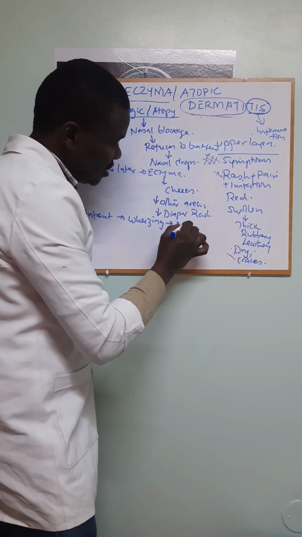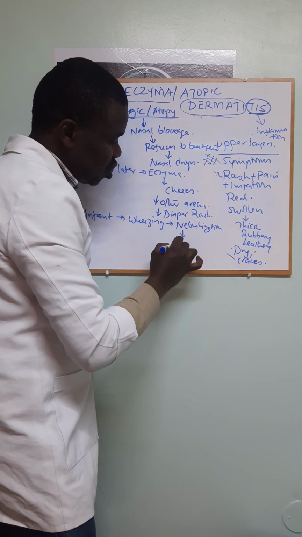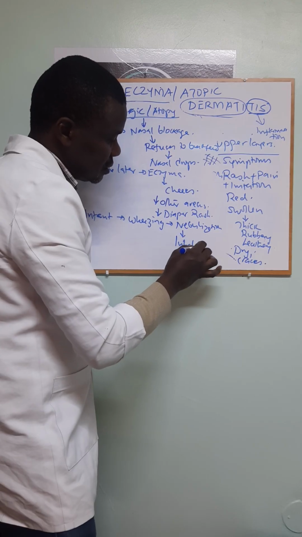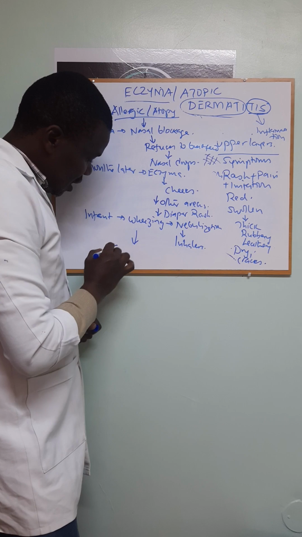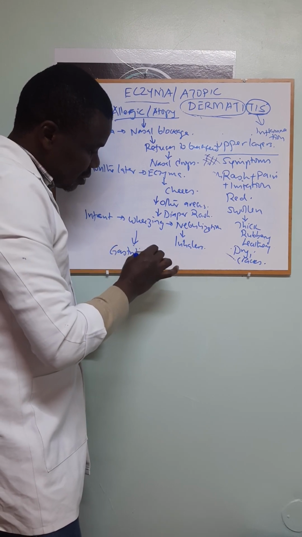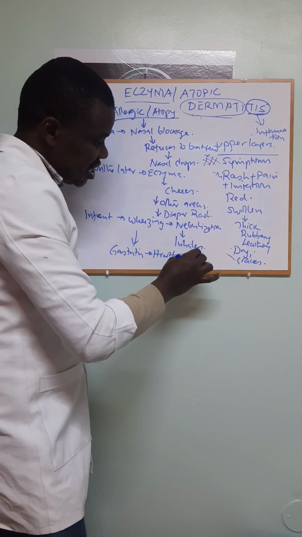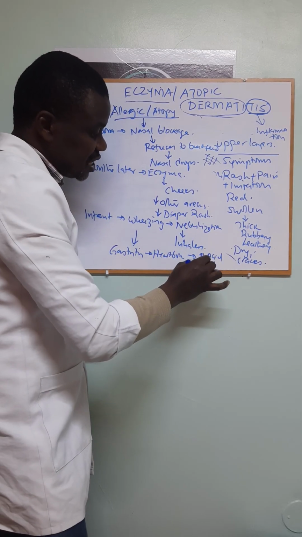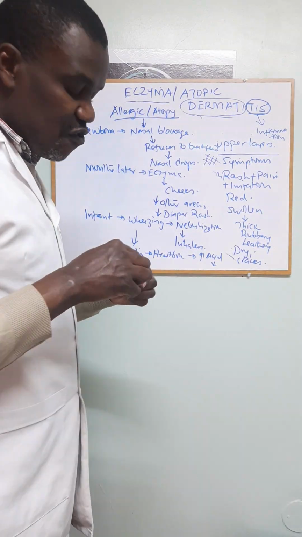So they require nebulization, and some of them are even put on inhalers. Then later on, they start getting issues with gastritis, that is heartburn, and increased levels of acid, and they start presenting with abdominal pain. They don't want to feed, they might start vomiting.